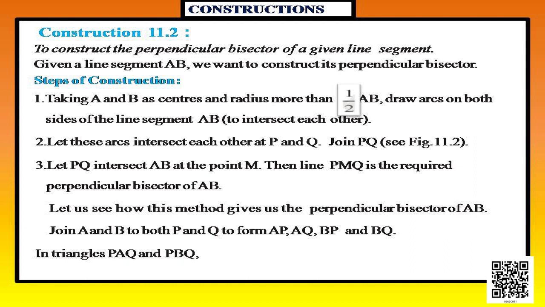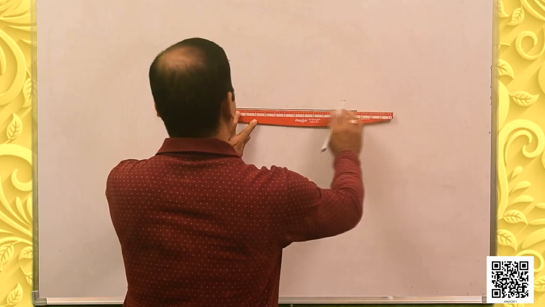Okay. So as per your book, the line given is AB. The line segment AB, and we need to bisect it. Fine. So let us do it. Let me draw the line segment AB.